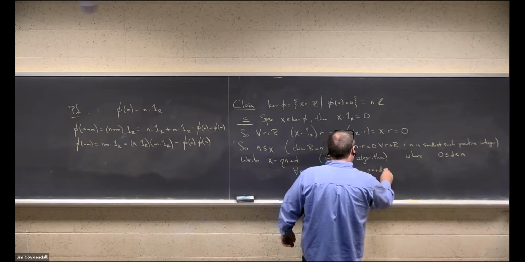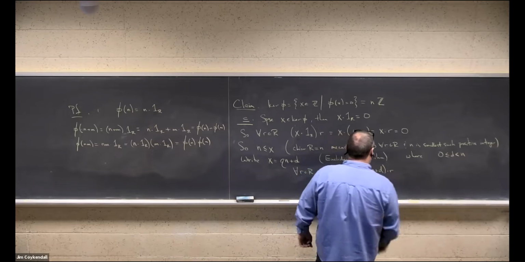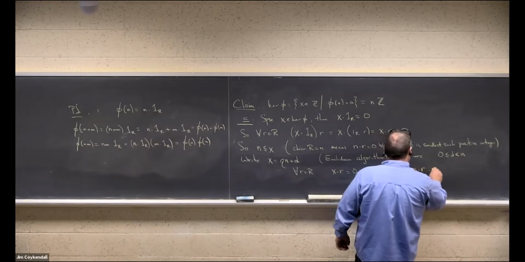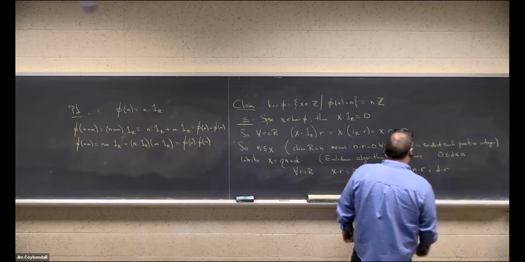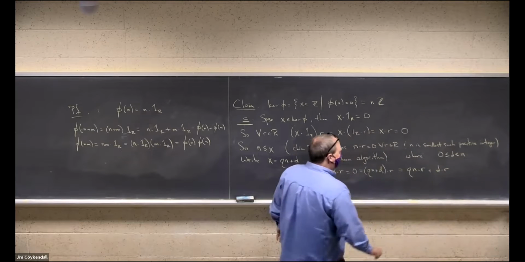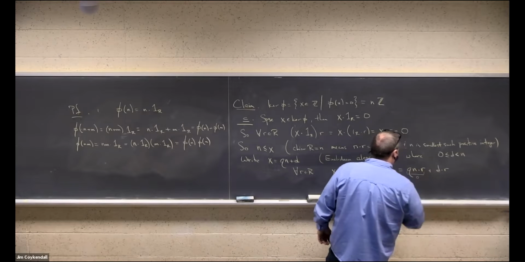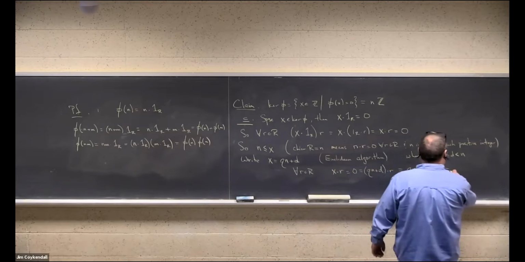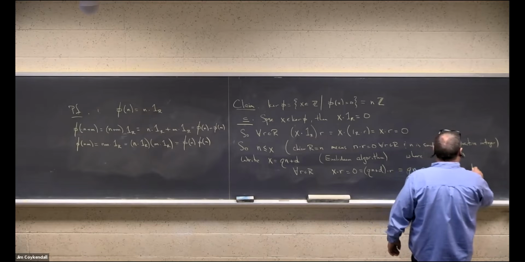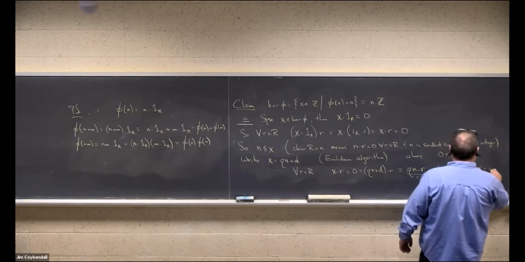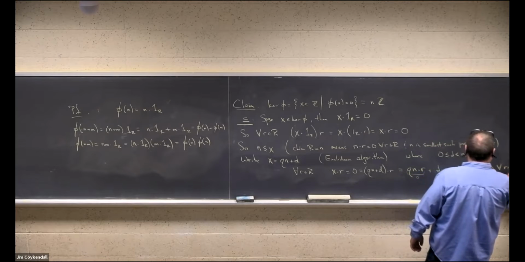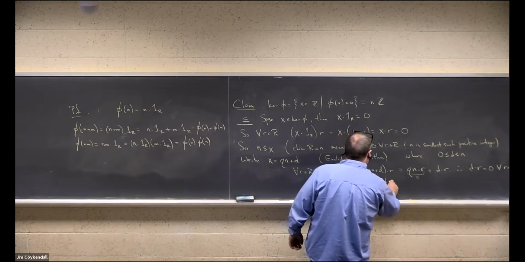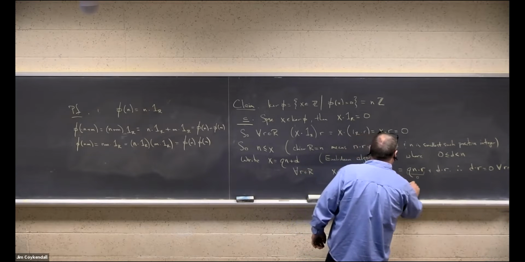Qn plus d times r, which is qn times r plus d times r. Okay. And this is also 0. Therefore, d times r equals 0 for all r in R. So d equals 0 by minimality.